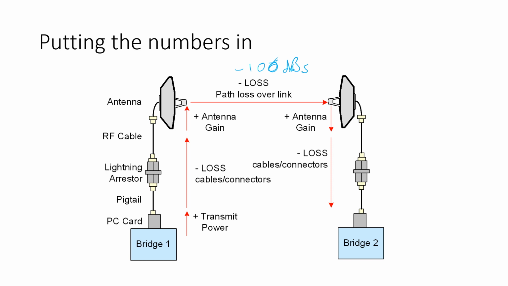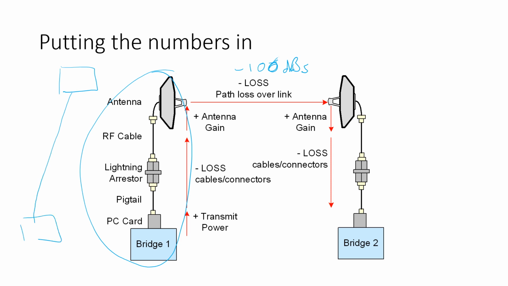So rather than having this unit here where we have a separate bridge, pigtail, antenna, and so on, we literally just have a single box which has an Ethernet connection down to our network switch in the building, and likewise at the other end, a single box with an Ethernet connection down.